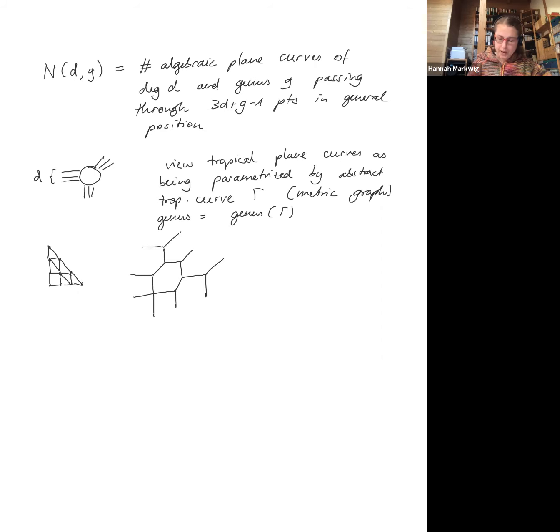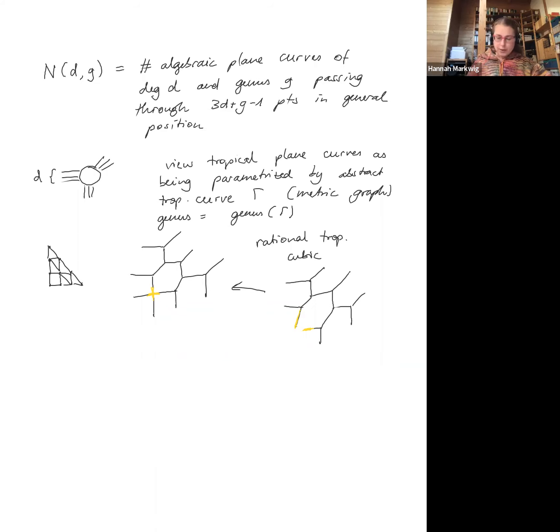And this is an example of a rational tropical cubic. And again, it is rational because this is not viewed to be a vertex, but a crossing of 2 edges. So we parameterize this by an abstract graph, which is a tree, which does not have any genus, and which sort of looks like this. And those 2 edges then cross in the image.